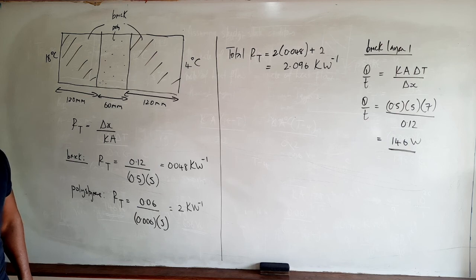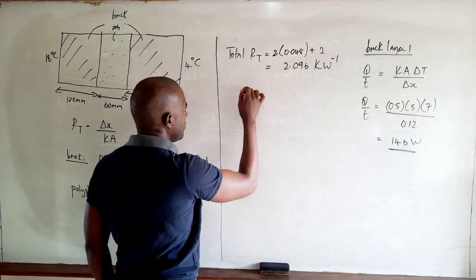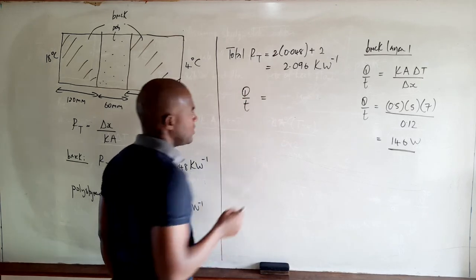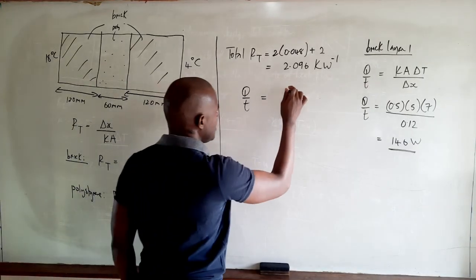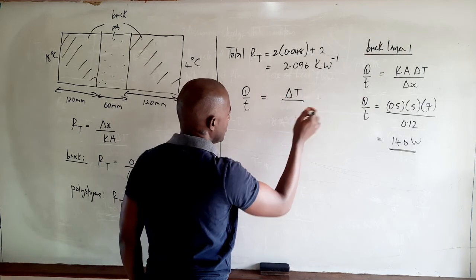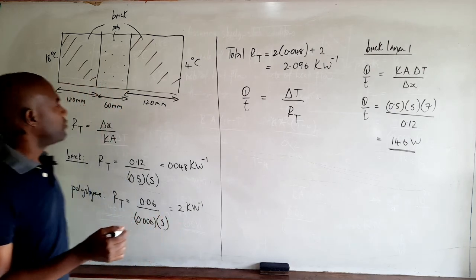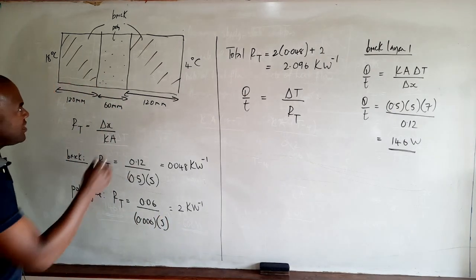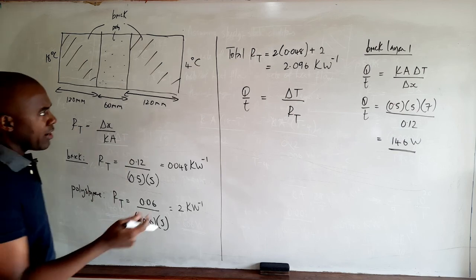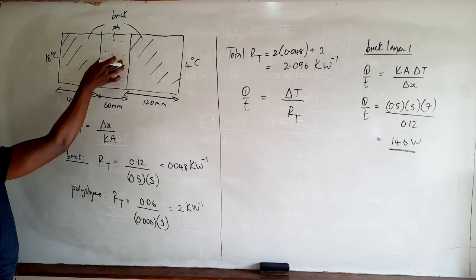Having done that, we can now calculate the rate of heat flow through this wall using the formula Q over T is equal to the change in temperature delta T divided by the total thermal resistance RT. So we know the inner and the outer temperature as 18 and 4 degrees respectively. And of course, with this method, we do not need to know the temperature of the inner interfaces, right?